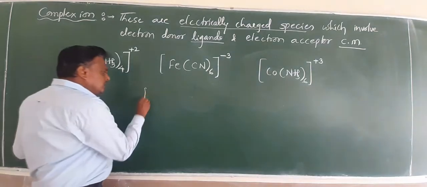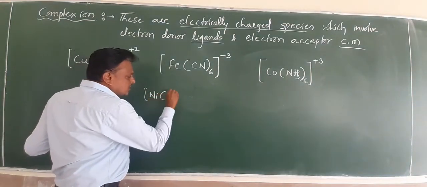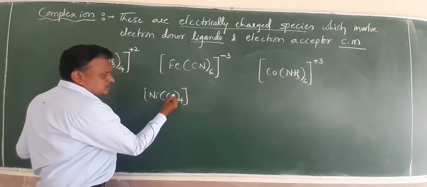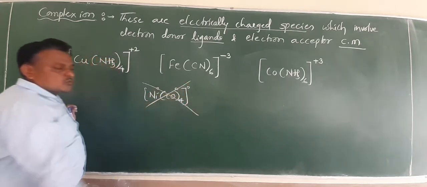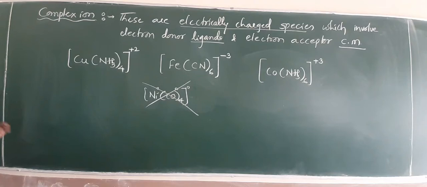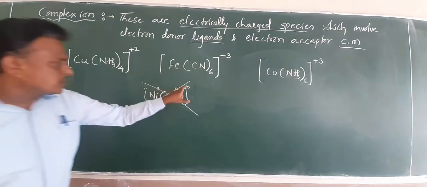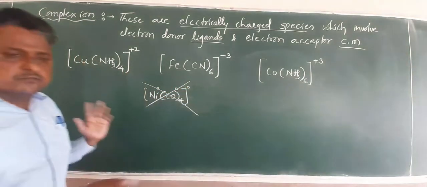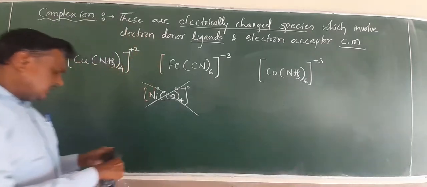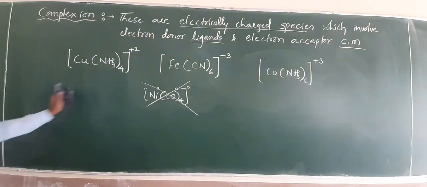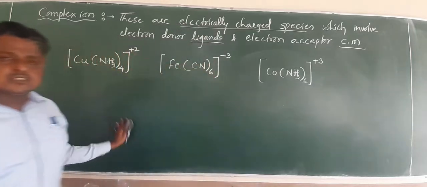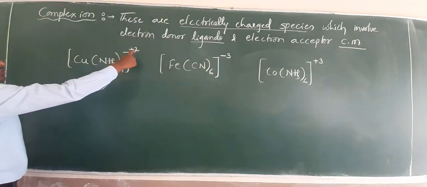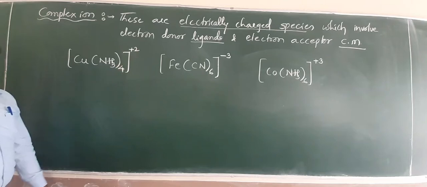In this category we won't include Ni(CO)4, because carbonyl is 0, nickel is 0, and the net charge is 0. These won't come under complex ions because the net charge of the complex is 0. I repeat, what are complex ions? These are electrically charged species which involve electron donor ligands and electron acceptor central metal.